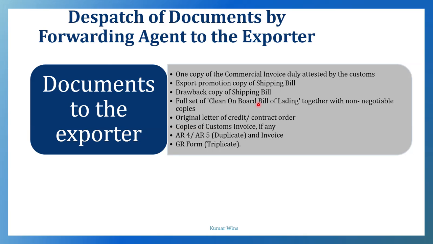Okay, then the next is original letter of credit or contract order, copies of customs invoice if there is any, then duplicate AR5 or AR4 form and invoice copy, then GR form in triplicate.